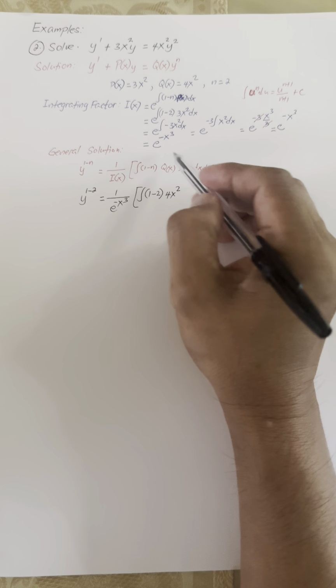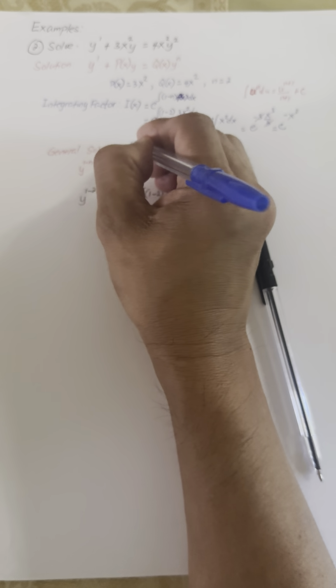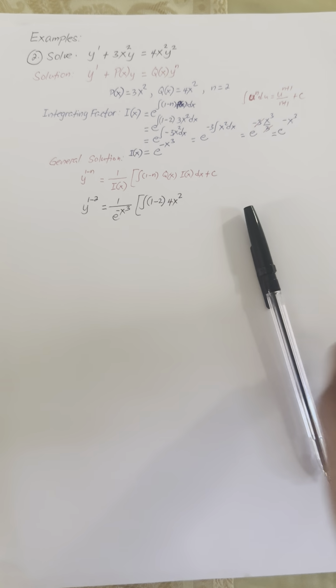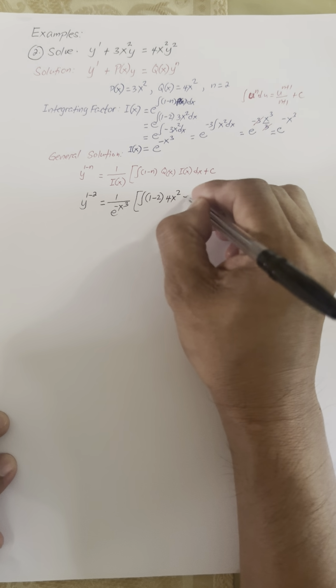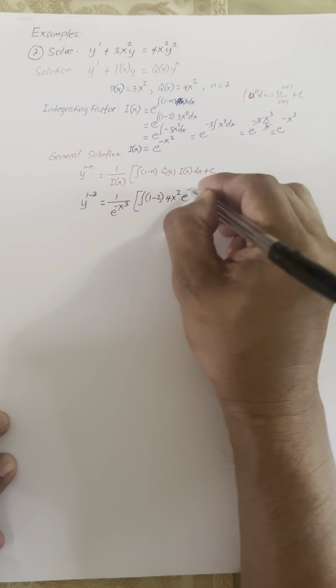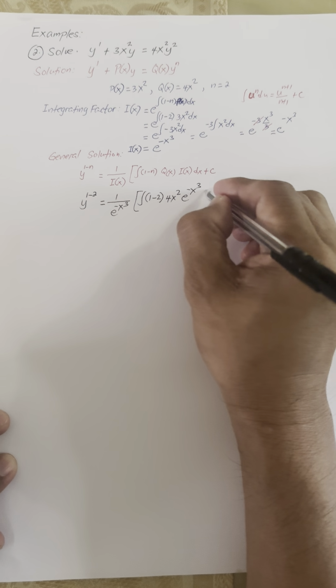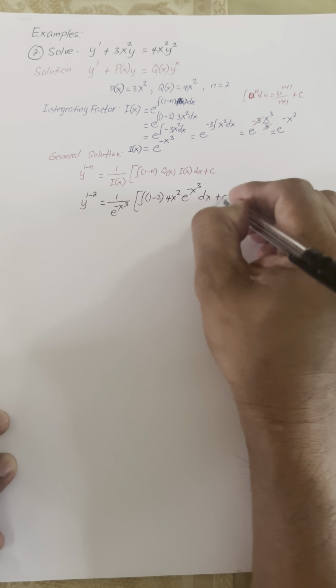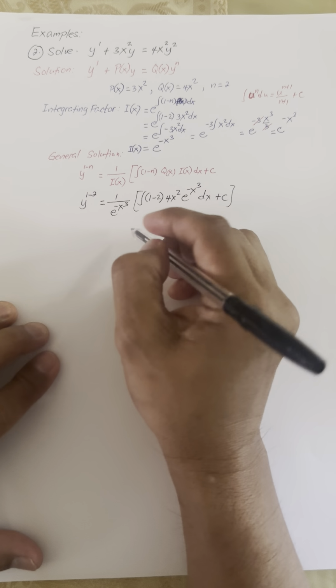Okay, so our I of x is this one. So substituting, we have e to the minus x cubed, then dx, then plus c. Okay, so this is now our resulting equation.